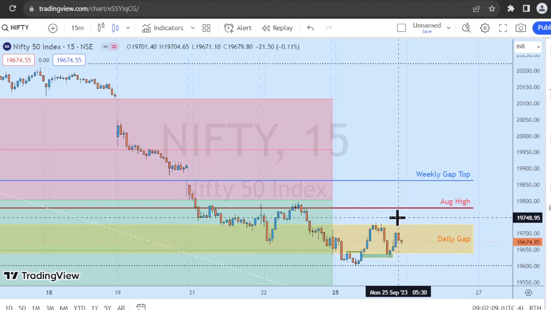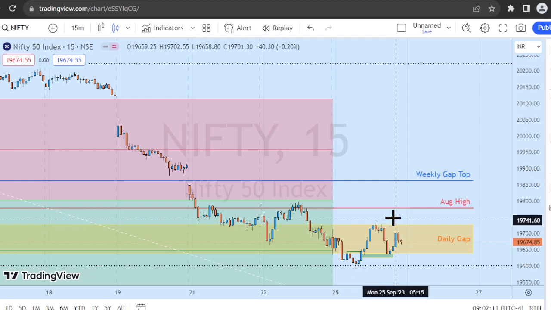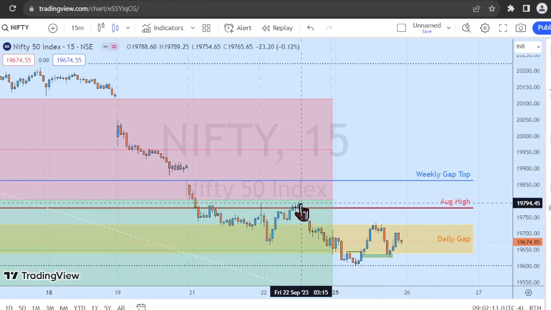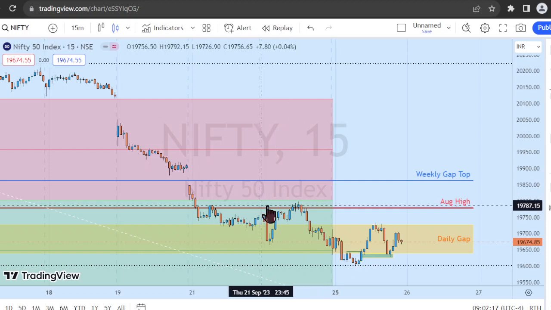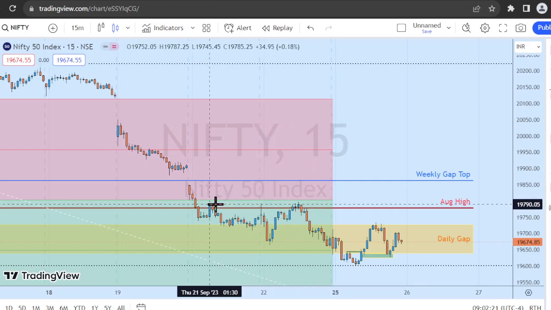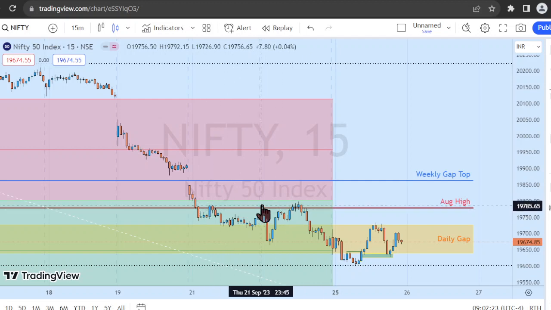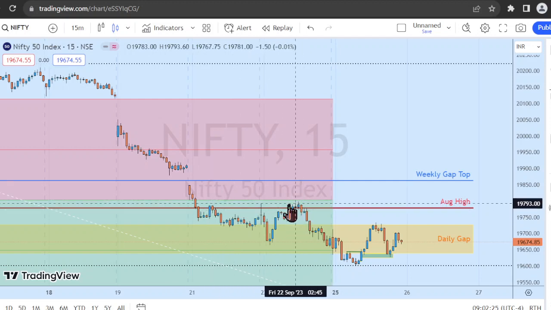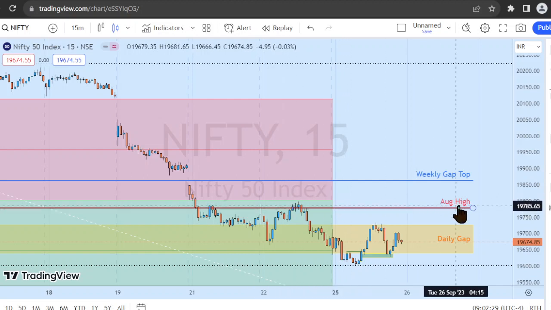So it should go take this old high and then next is this old high right here. That's the next old high, and it's almost like not a double top but like there is more liquidity right over here also. You can see this wick and then this top, those are equal highs, so that can also be easily taken and that's also August high.